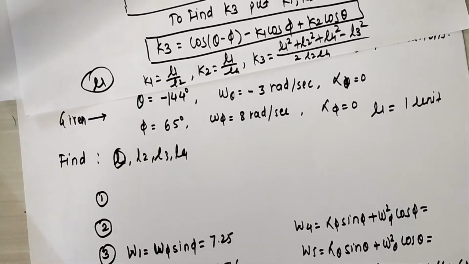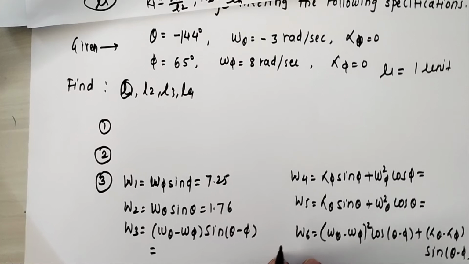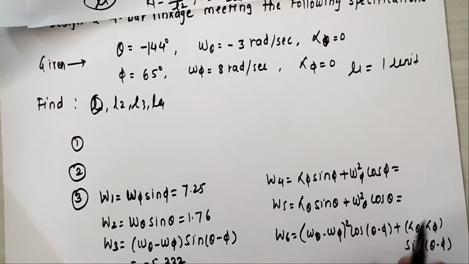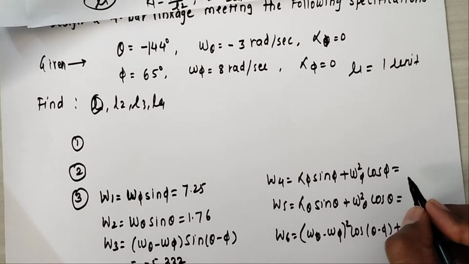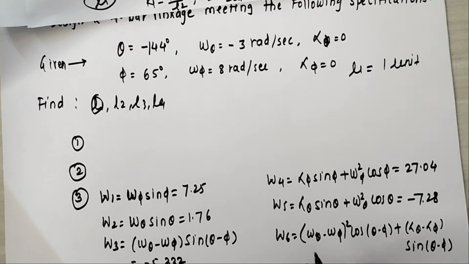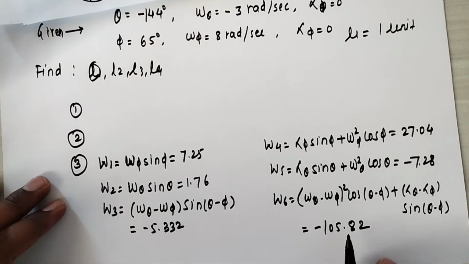W3 is minus 5.332. Then W4 is 27.04. W5 is minus 7.28 and W6 is minus 105.82. Likewise, in step 3, we have to find the values of W1 to W6.